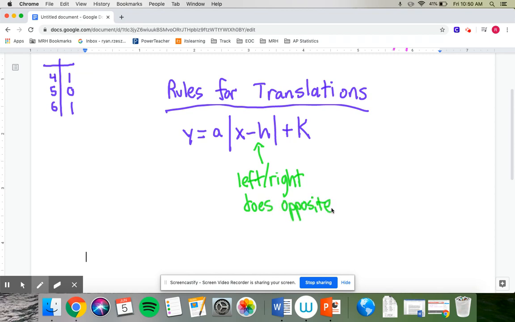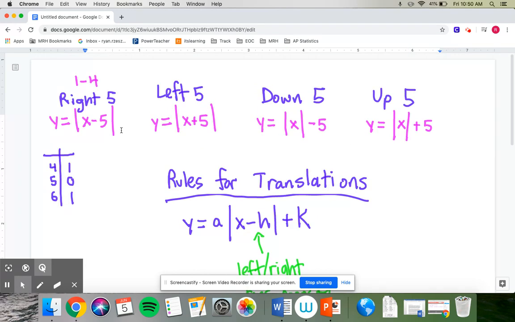You guys will hear me say this a lot in this class. Inside is left, right, does the opposite. Let me go back up to my examples here. When I did a -5, you would think, oh, -5, negative is left. But a minus actually moves your graph to the right by that much. A plus, on the other hand, +5, positive, actually moves it to the left. So the inside is left and right movement.